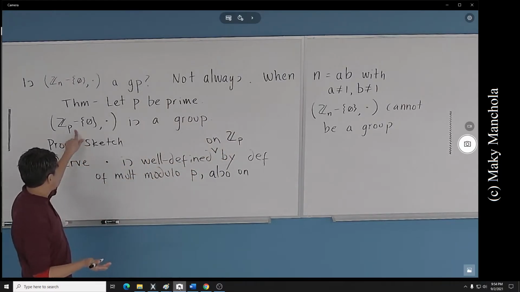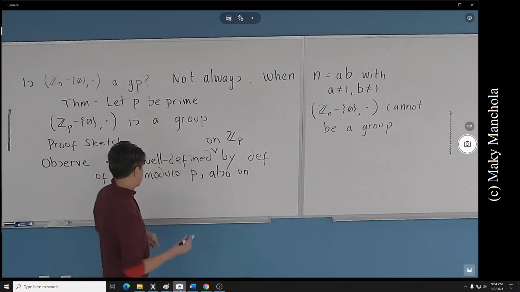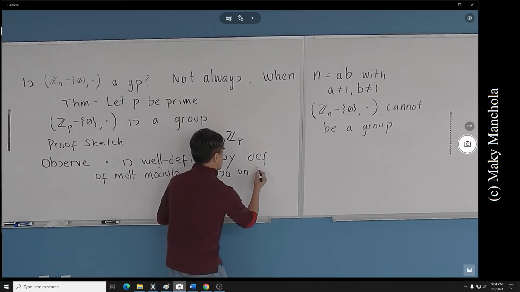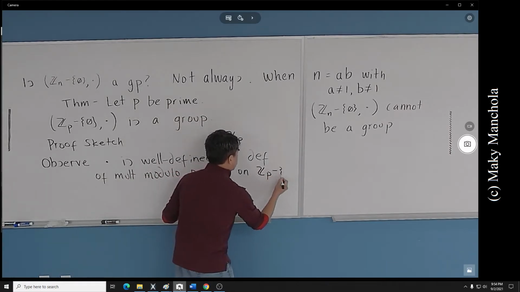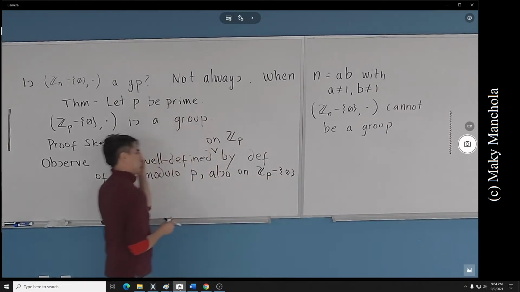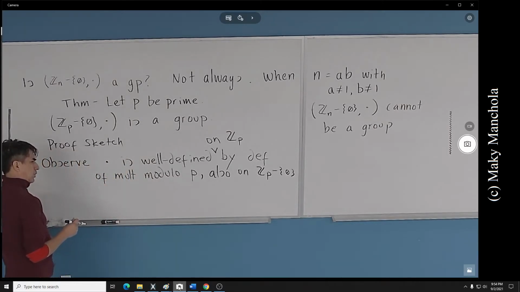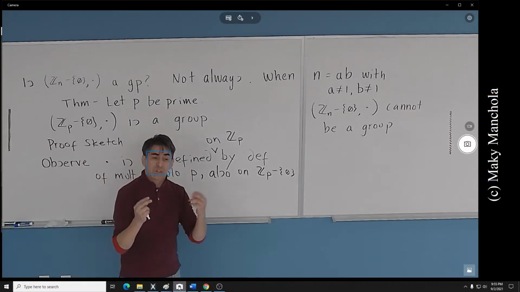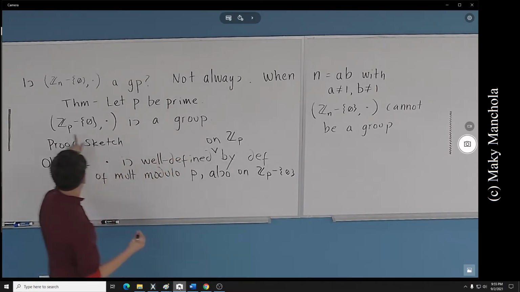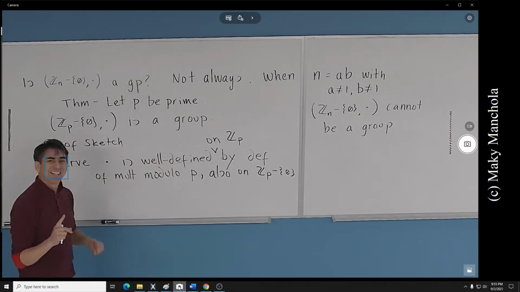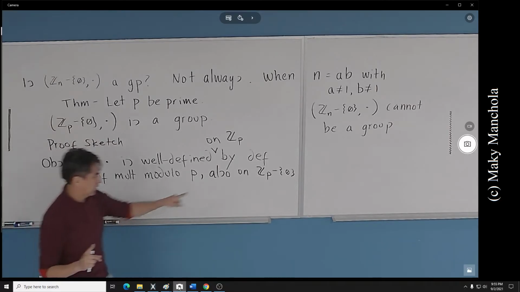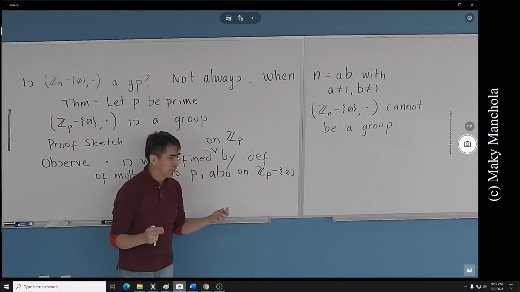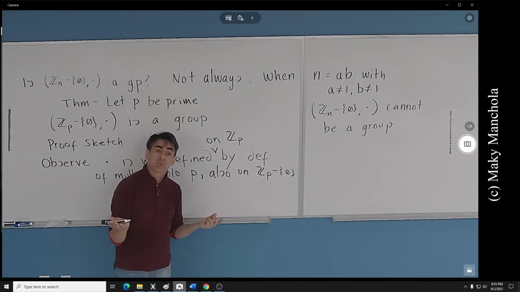And this set is a subset of that one. So also on Zp excluding 0. So the only thing we need to worry about is, if you have two elements in the set, could you possibly get the 0 element?